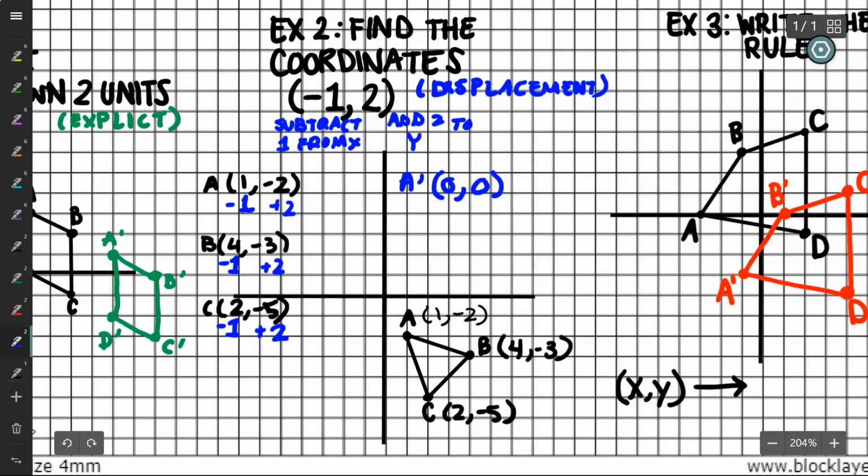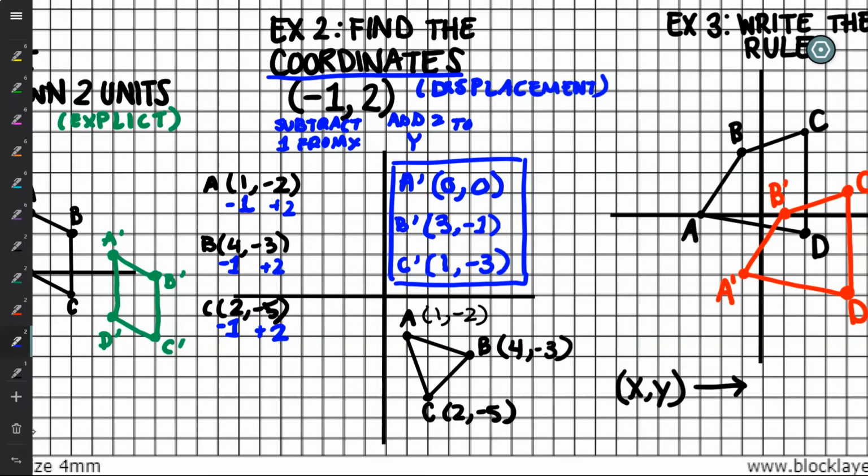So that is my new point for A. B prime is going to be negative 4 minus 1 is negative 5... negative 3 plus 2 is negative 1. And C prime is going to be 2 minus 1 is 1. Negative 5 plus 2 is negative 3. So these are my new coordinate points. I don't have to graph it because that's not what the question is asking for. It's just asking for my new coordinate points. So that's it. We are done.